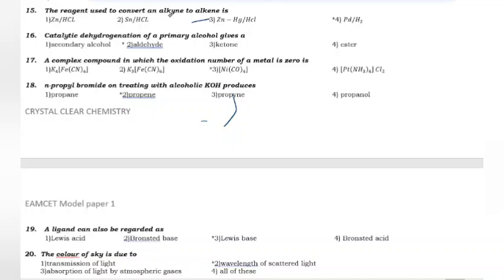You will get CH3CHO, right? Which is an aldehyde. So the primary alcohol readily gives CHO, whereas the secondary alcohol readily gives ketone, right? Anyhow, here they have given the primary alcohol, so aldehyde is the correct answer.